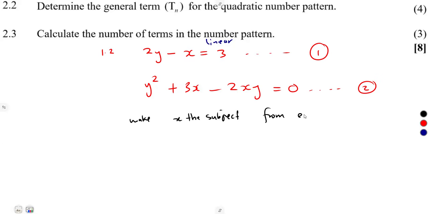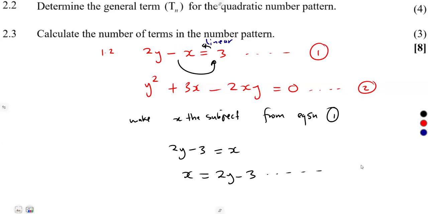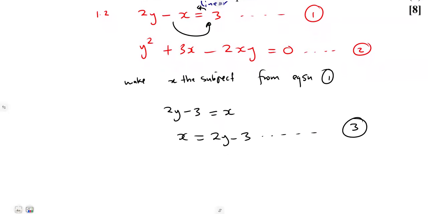That's from equation 1. So if I take x to the other side, I'm going to remain with the 2y. Take 3, it is going to be a negative 3, and that is equal to x. So this is what I have: x is equal to 2y minus 3. This is going to be my equation 3. I made this the subject of the formula from equation 1, so I'm going to substitute it back into equation 2.